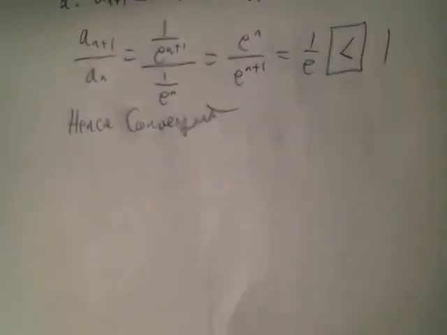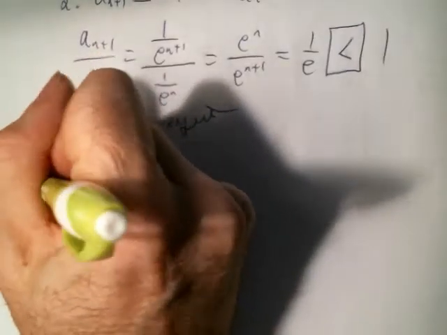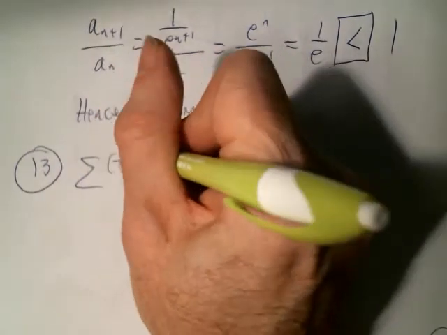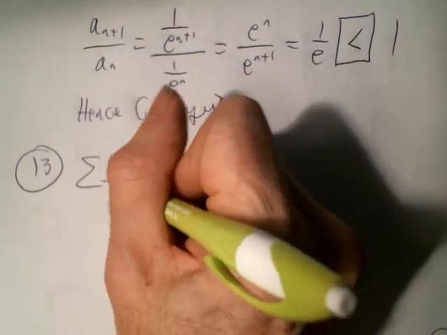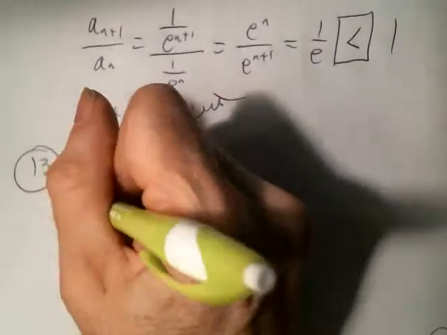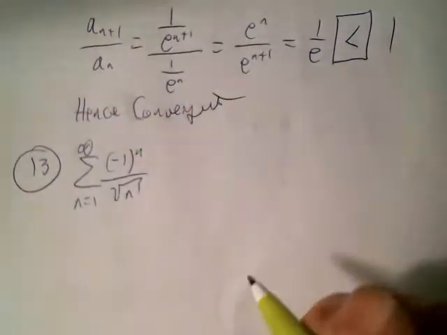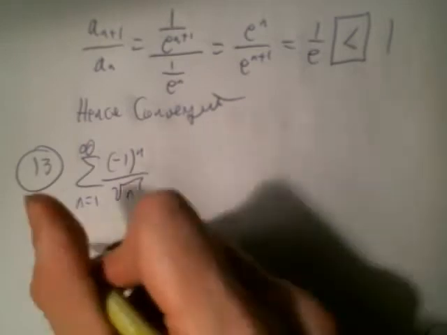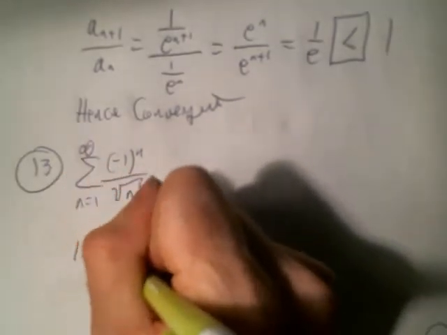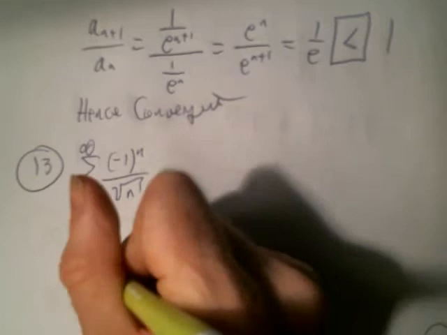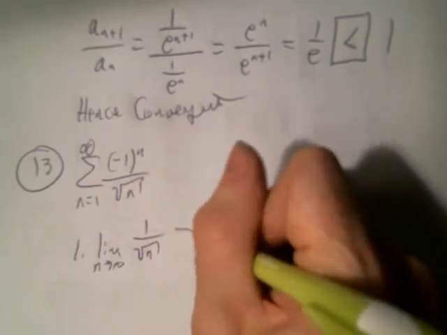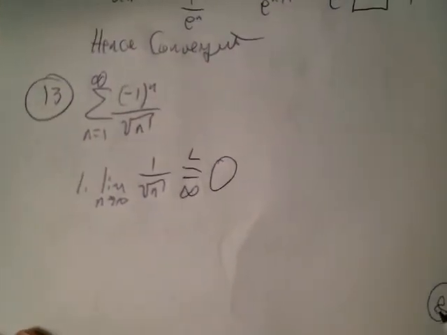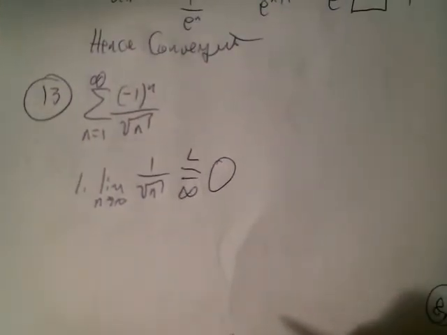Let's look at number 13. So I have the series -1 to the n all over the square root of n from n equals 1 to infinity. Again, I'm splitting off the a sub n portion, considering that. So I need the limit of 1 all over the square root of n as n goes to infinity. Again, that'll be 1 over infinity, which is 0. And secondly, I need to show the terms are decreasing.